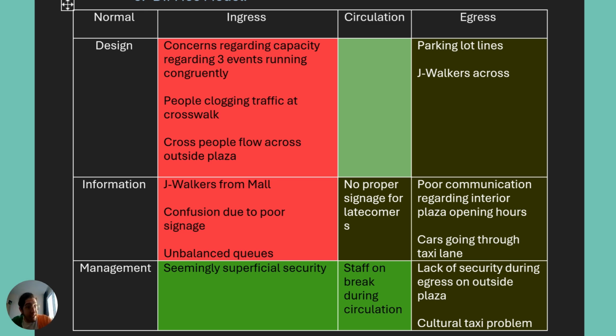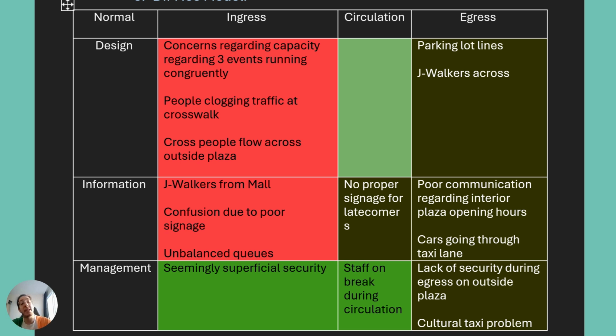You can see this is in the normal state, and then we have the same three influences and the same three stages of an event. For example, in the design moment during ingress, there are concerns about the capacity of people sitting in the plaza. The plaza is not quite as big as the potential people flow. People clog at the crosswalk, and people flow into each other in the outside plaza.